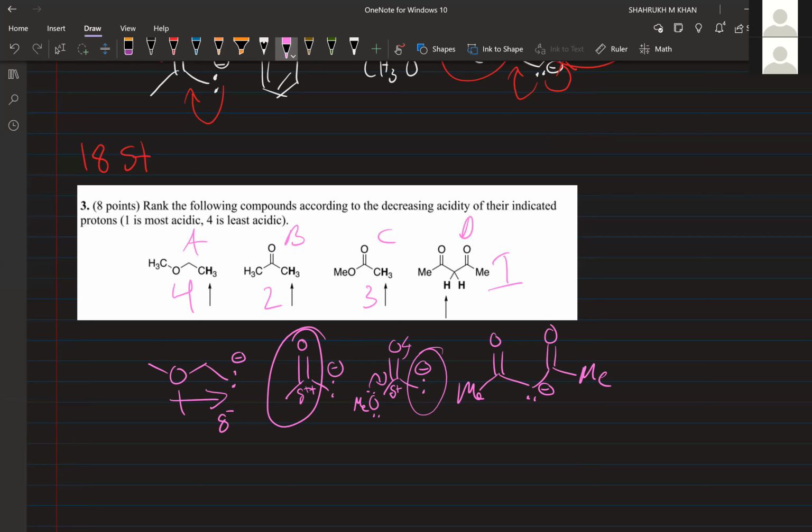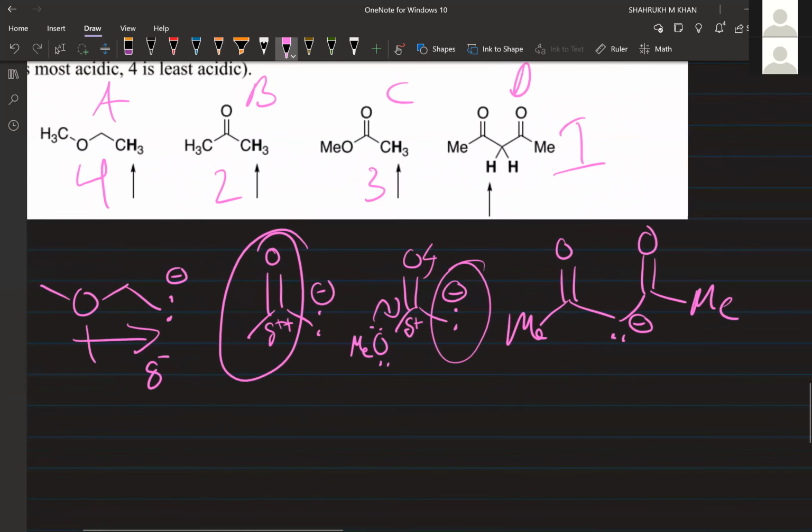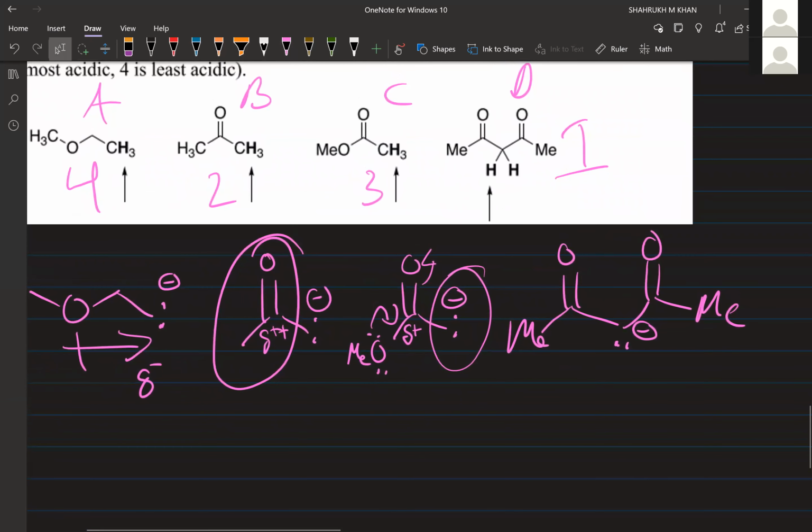So for 2 and 3, we're comparing the electron withdrawing effect of the carbonyl. So B and C. B is just the regular old carbonyl, a ketone. So let's designate that as partially positive plus plus.